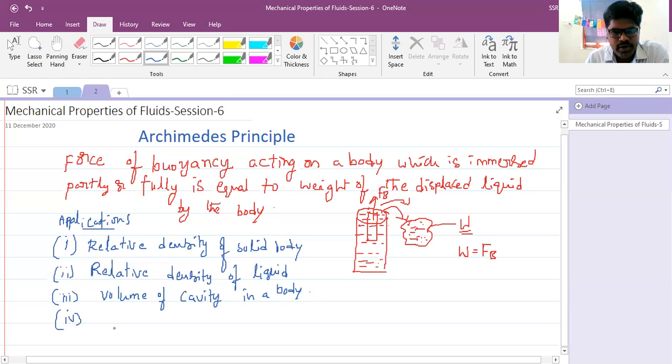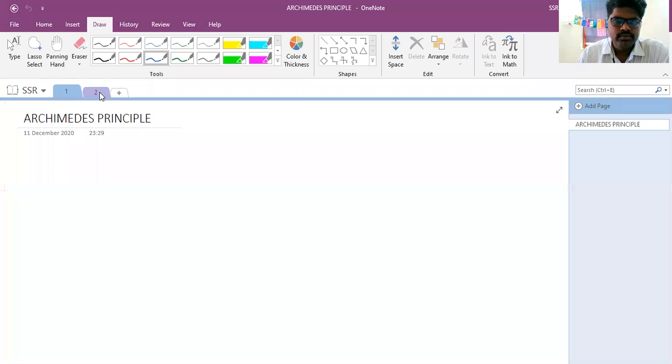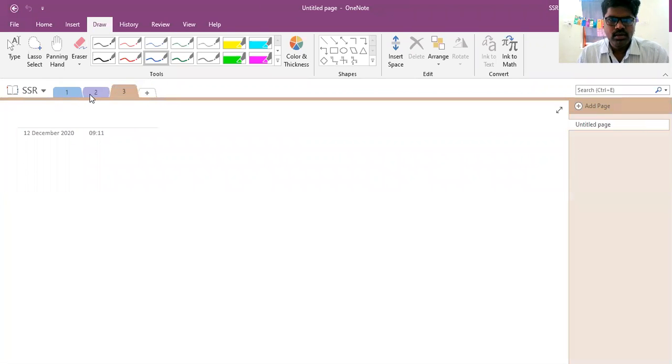Fourth one, the amount of impurities in a given metal. Okay, so these are the applications of Archimedes principle that we have to understand. So now I'll go one by one. First one is the relative density of a solid body.